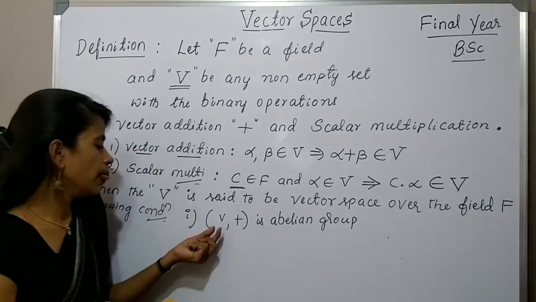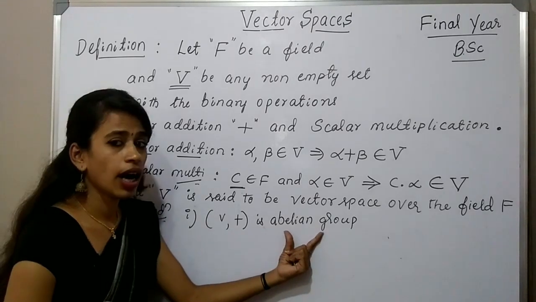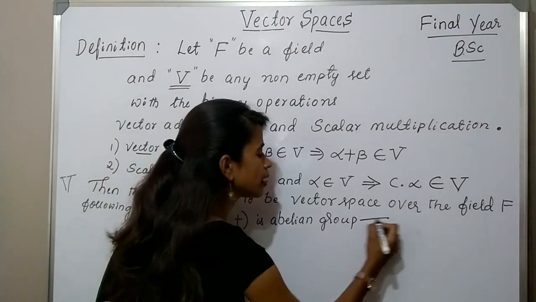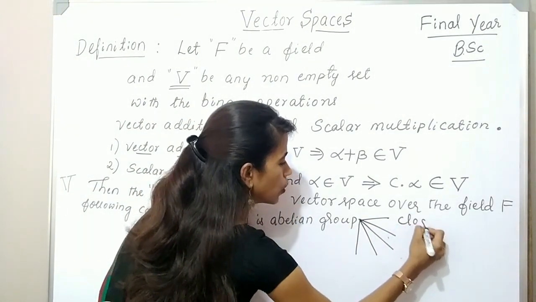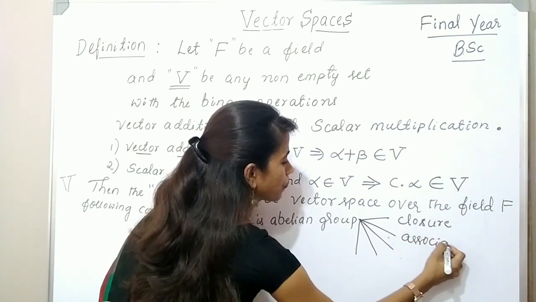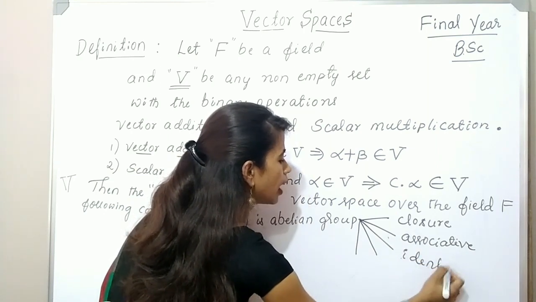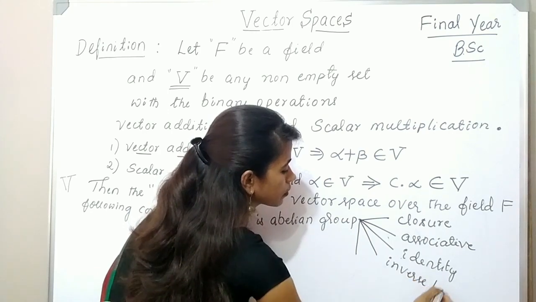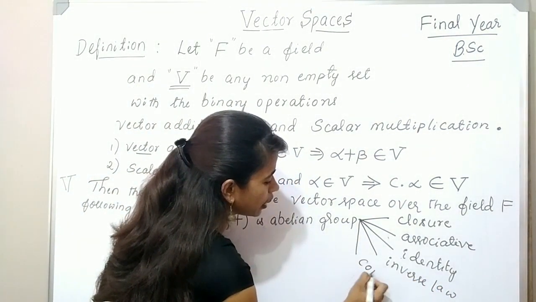That is, the set V with respect to addition forms an abelian group. Abelian group means it must satisfy 5 conditions. First one, closure. Second one, associative. Third one, identity law. Fourth one, inverse law, inverse axiom. Last one, commutative.